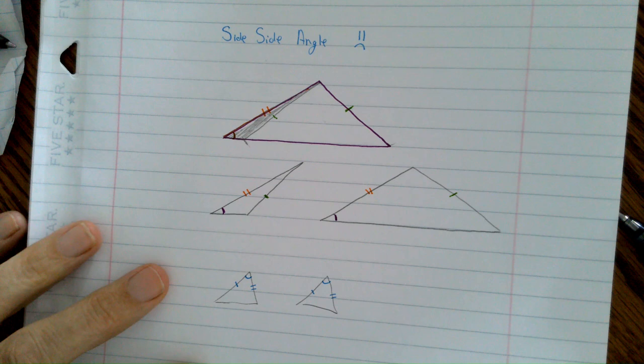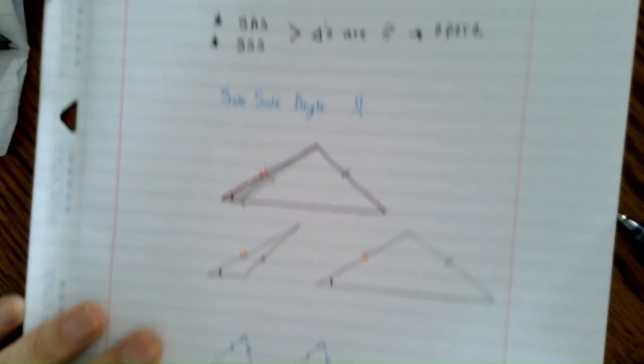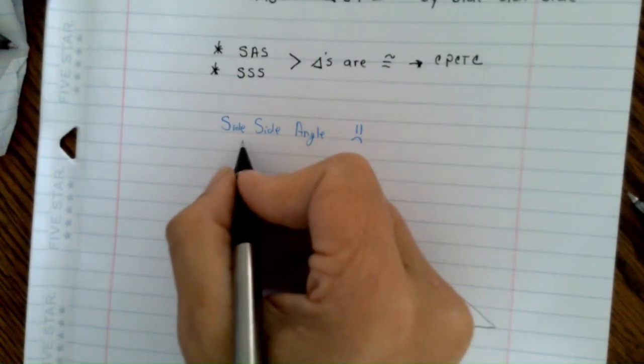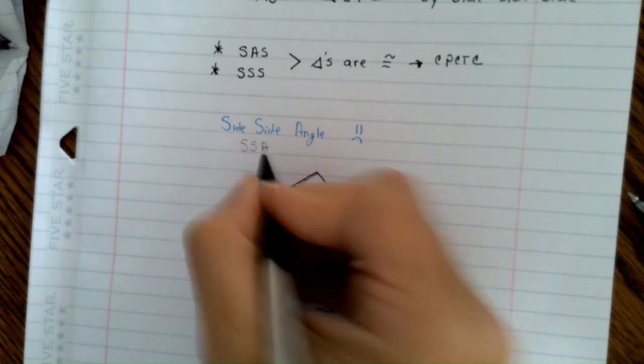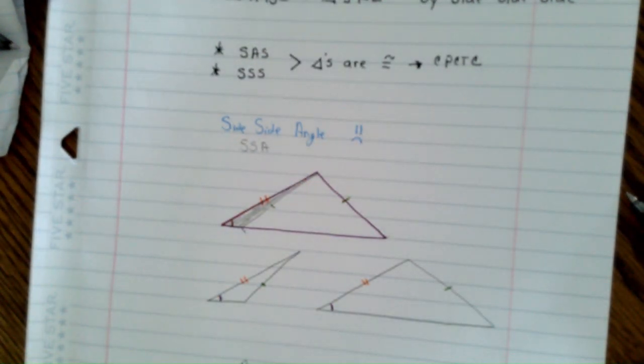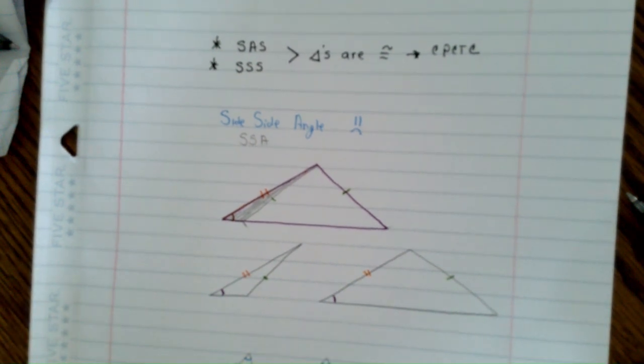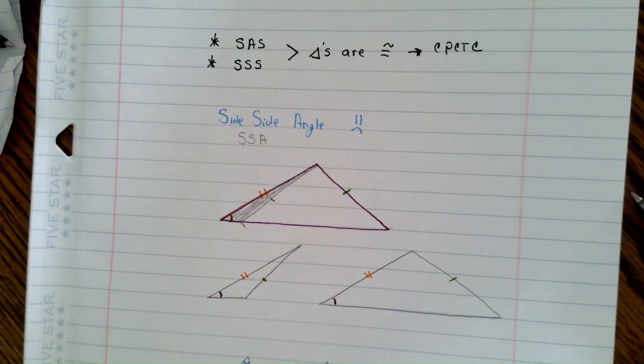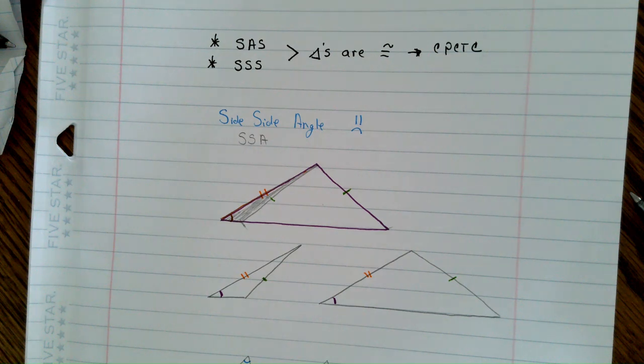So side, side, angle, or angle, side, side in reverse, is not going to prove that two triangles are the same size. So when doing this, you have to make sure that it is your two sides with the included angle, not the outside angle. It has to be the included angle, and I've given you a visual here why side, side angle does not work.